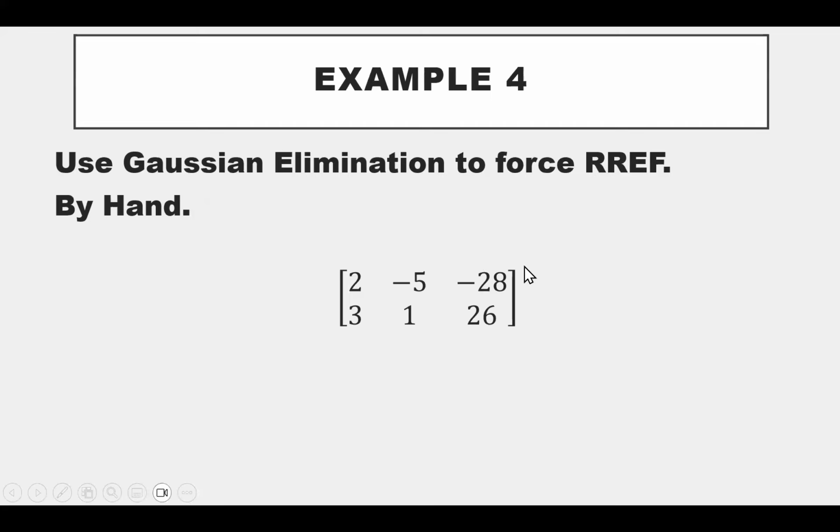So let's do an example by hand where we're going to force row-reduced echelon form. Here we have 2, -5, -28 in the first row, 3, 1, 26 in the second row.